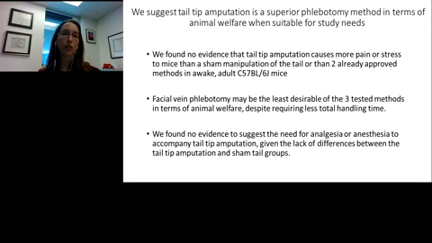Also, the genotyping procedure is usually performed with some kind of identification, so the mice are picked up and scruffed. We're performing only this minimal handling and minimal tissue removal. That's why we wanted to evaluate the impact of this modified and minimal tail tip amputation technique versus the very traditional tissue removal for tail biopsy and genotyping.